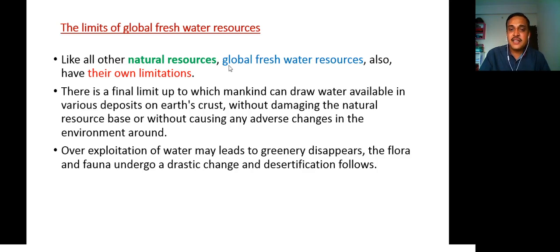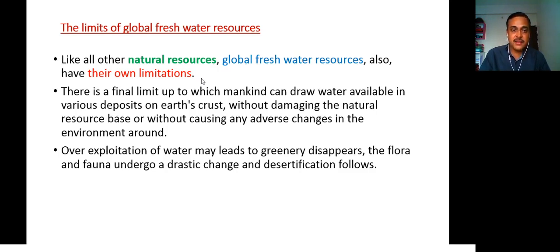Likewise, freshwater or water is another important natural resource, and this global freshwater resource has its own limitations also. As I have already explained, we are receiving water through precipitation or the hydrological cycle itself. There is no alternative to receive water in a natural way. So like other natural resources, freshwater has its own limitation.